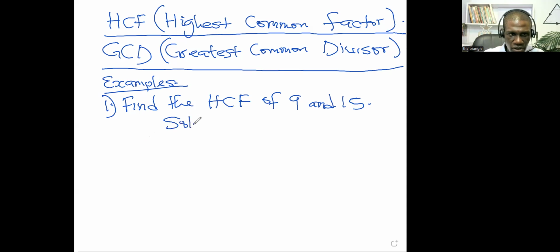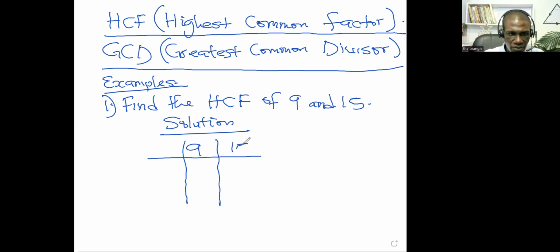We have 9, then we have 15. Here, we have to look for a number that can go into 9 and 15 simultaneously.